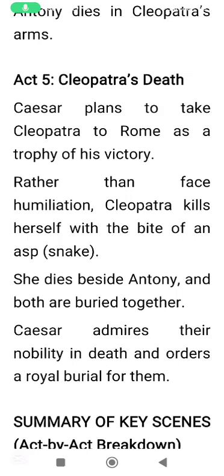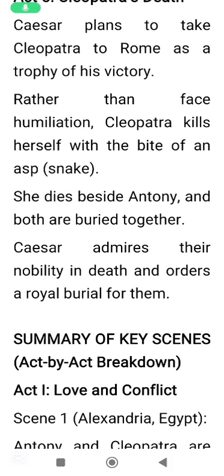So when Caesar sees that the both of them have killed themselves, he feels that both of them are warriors. As a result, he admires their nobility in death and orders a royal burial for them both. So the both of them were given a royal burial in Rome.